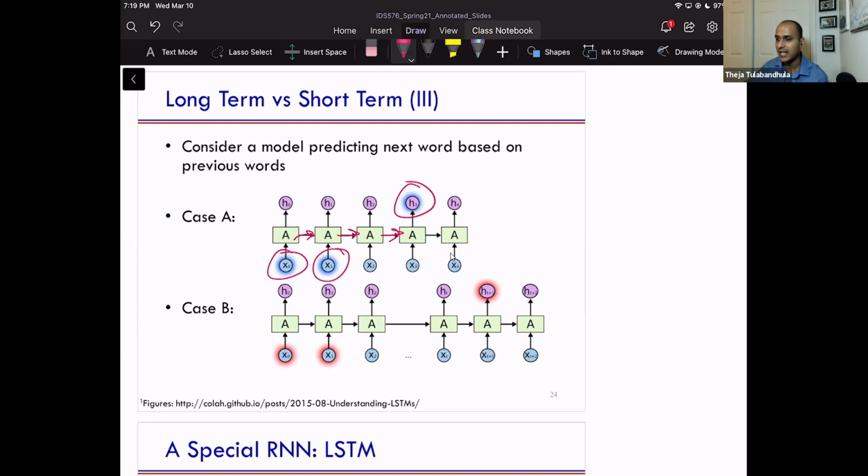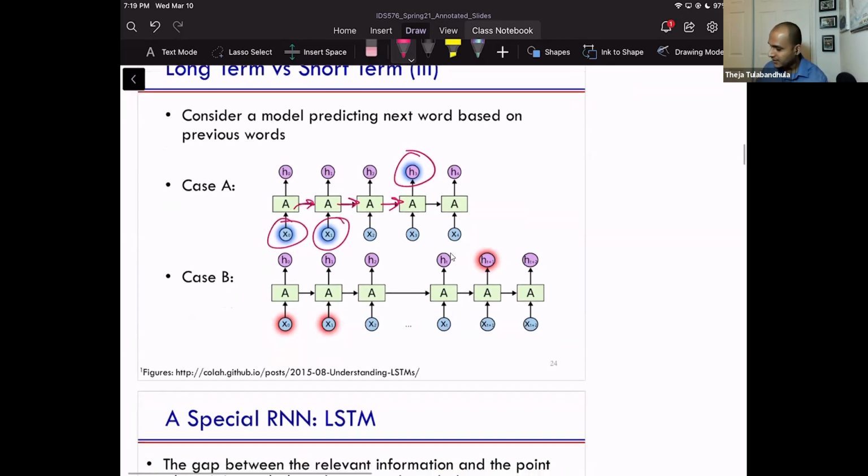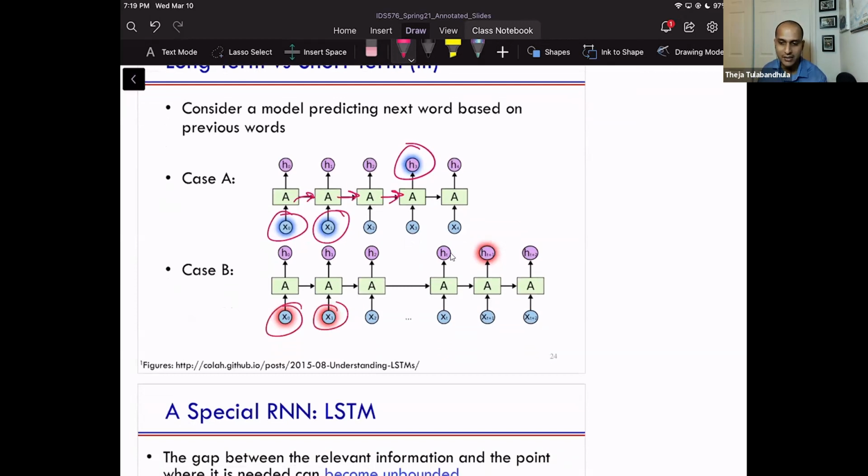Hidden vectors are just transformations of these inputs in addition to the previous hidden vectors. Instead of that, what if the information is from a long time ago? So maybe x0 and x1 have information that is relevant to me making a prediction or producing a hidden vector at time t+1. Okay, so that is what we mean by long term and short term.